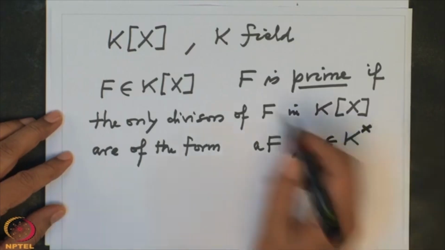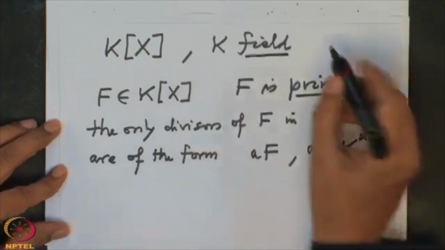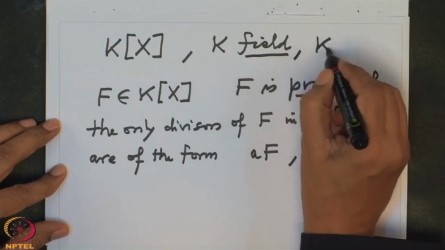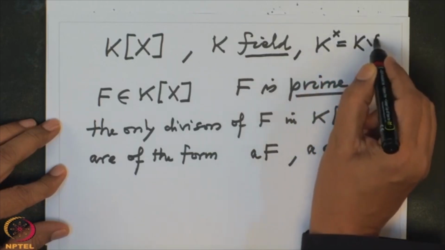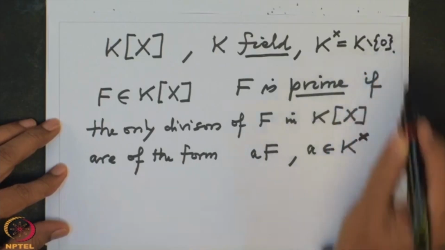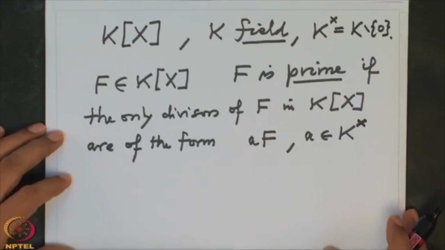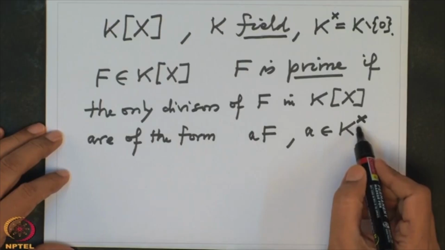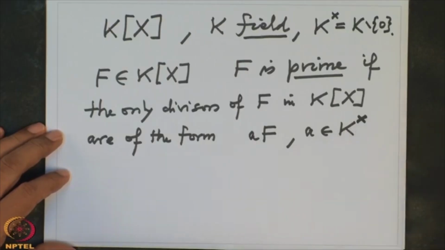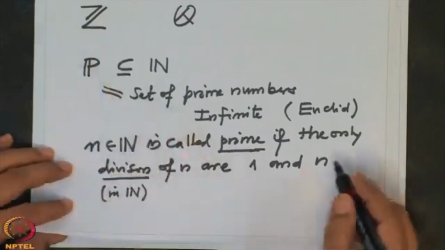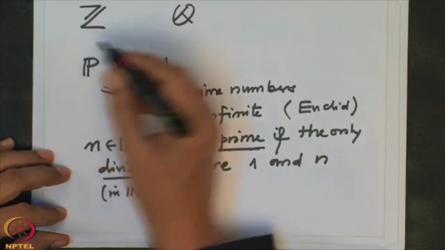Remember K cross, because K is a field, is all the non-zero elements. And why does it not appear in the definition for Z? It does not appear there because we have banned it.